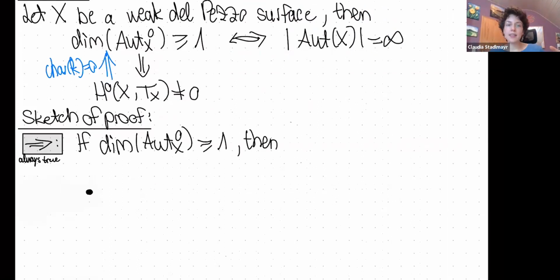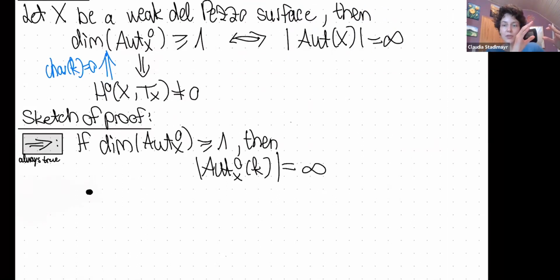Since we're working over an algebraically closed field, the K-rational points are dense, and therefore there are infinitely many of them. So Aut X^0(K) has infinitely many K-rational points. On the other hand, we know that Aut X^0 is just one connected component of our automorphism scheme of X. So the K-rational points of Aut X^0 are at most as many as the ones of Aut X.